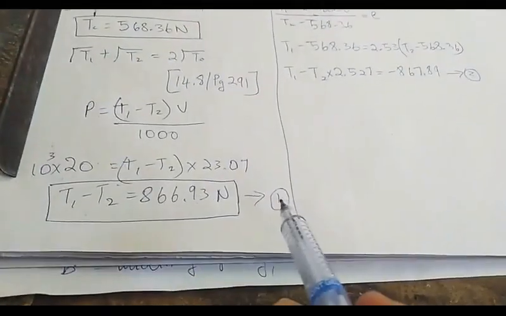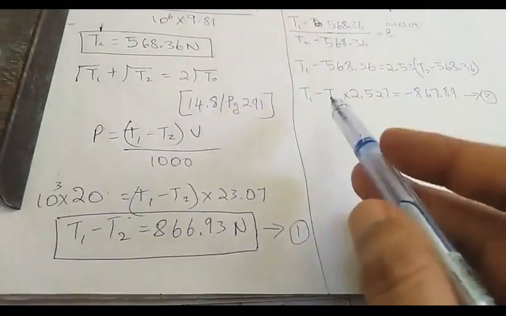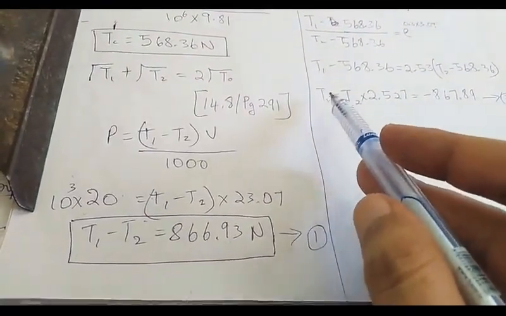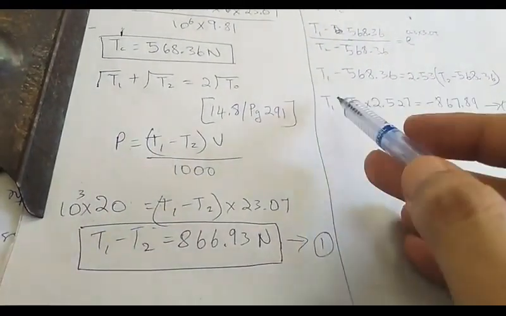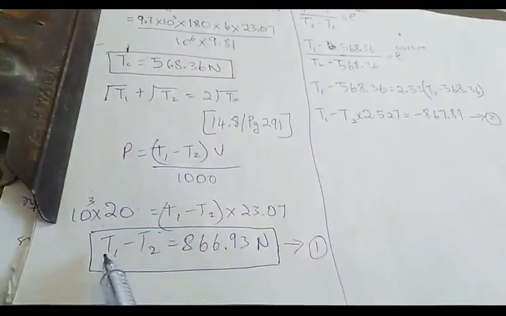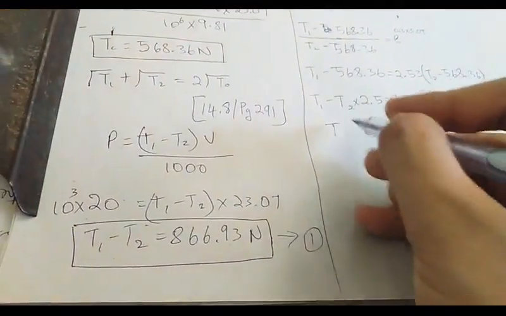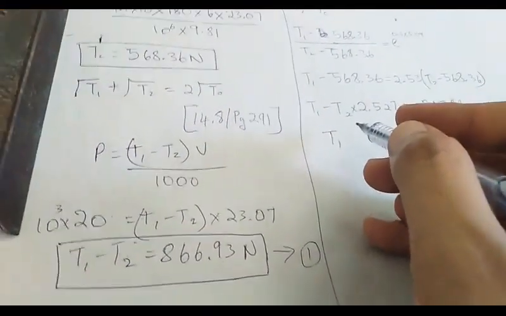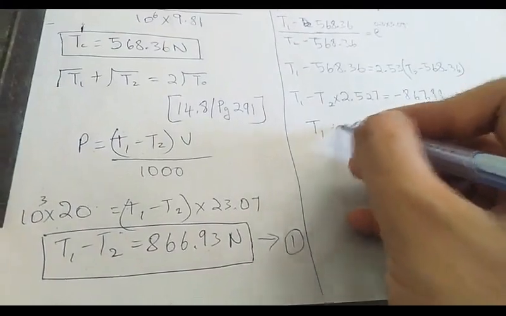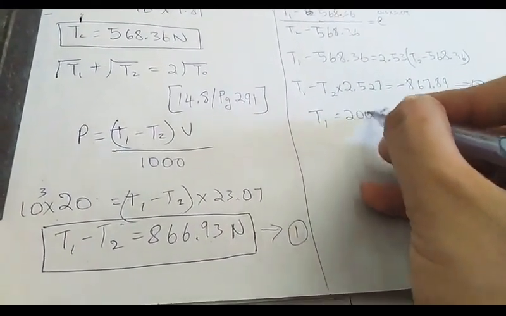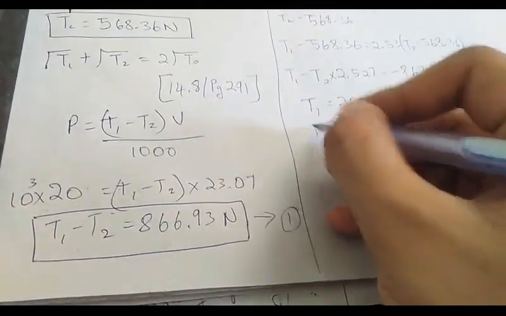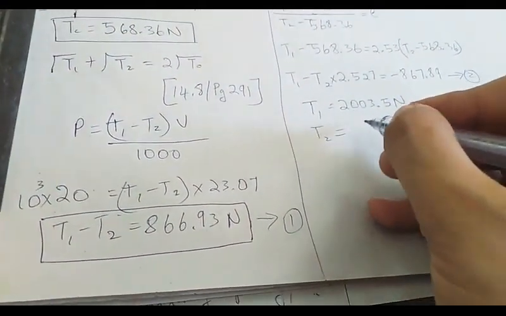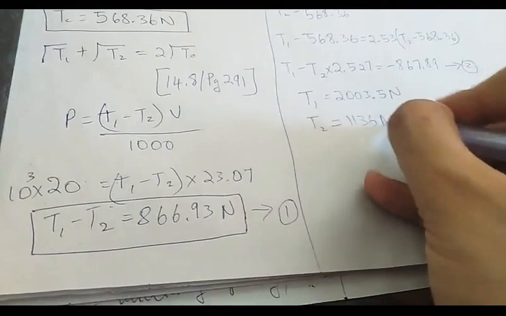On comparing equations 1 and 2, we shall send T2 to the RHS and substitute the value of T1 in this equation. Then we'll get the value of T1 as 2003.5 newtons and the value of T2 as 1136 newtons.